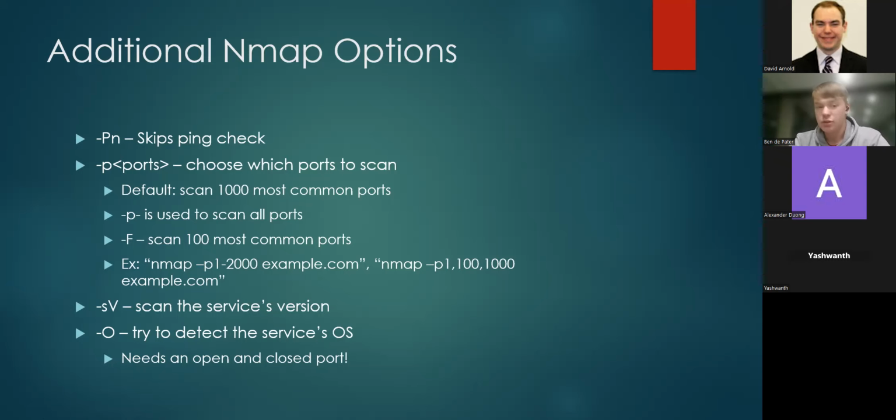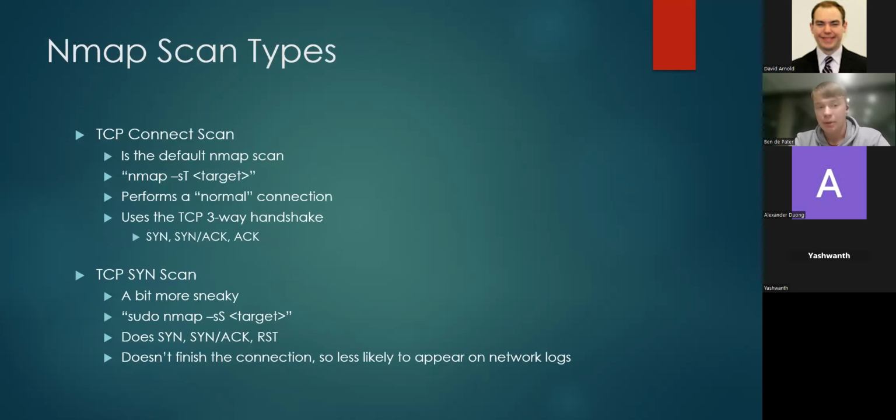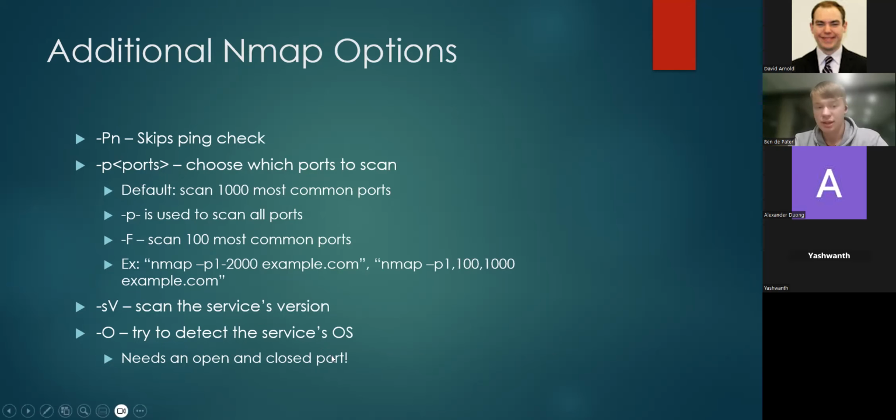So something I like to do is, whenever I'm scanning a computer, I first use the SYN scan to find what ports are open, and then afterwards I do a second Nmap scan using the -sV flag, scanning just those ports. Then it's going to look at those versions. So it's not going to be doing all the port numbers with the TCP connect scan. It's just going to be doing it with the TCP SYN scan.